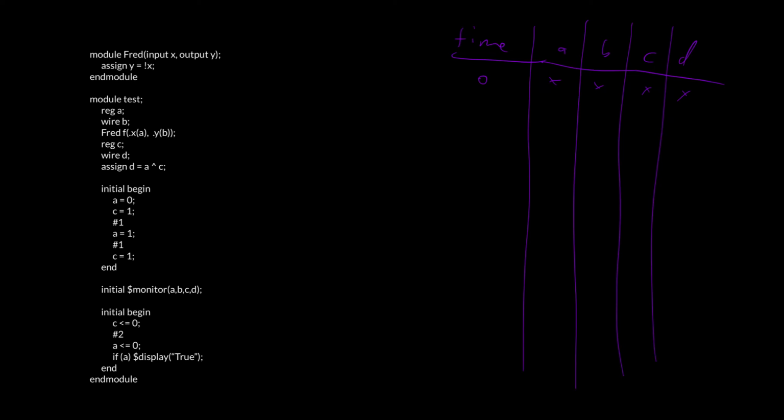Okay, so we start. There's nothing to do here initially because everything's initialized to don't know. We start our module test, and again nothing to do here. We start with the begin block. So this is one of the things we could do initially. This is another thing we could do initially, and this is a third thing we could do initially. And there's indeterminacy.